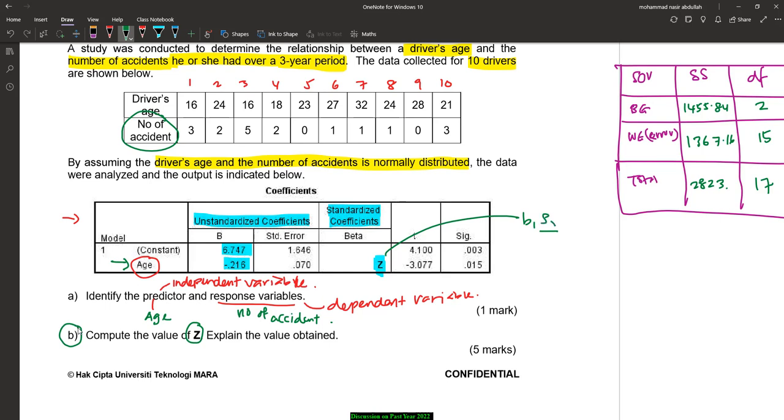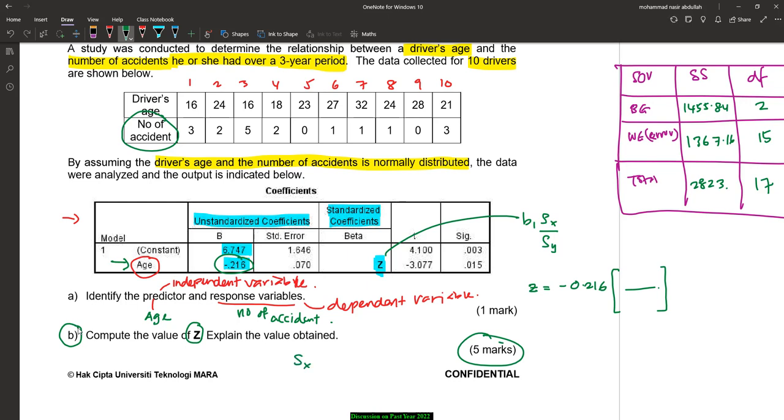Sample standard deviation for X, sample standard deviation for Y. Right. So since it requires a standard deviation, we already know this is 5 marks. We already know the value of coefficient, right? So this one, Z should be negative 0.216 multiply with the standard deviation. So you need to calculate the standard deviation lah.